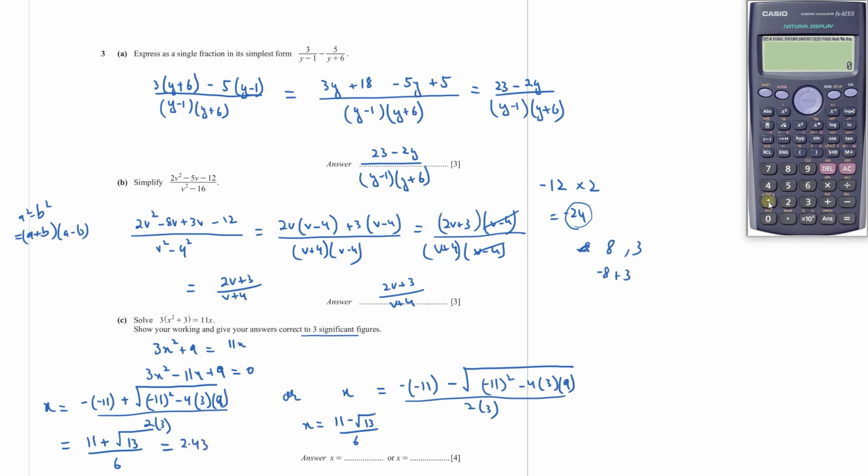And the other value is 11 minus square root of 13 and then divided by 6. So this will be 1.23. So x equals 2.43 or x equals 1.23.